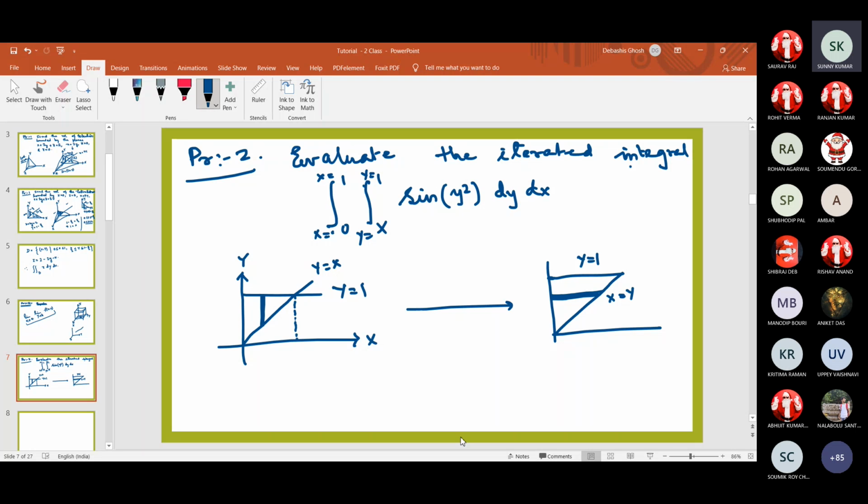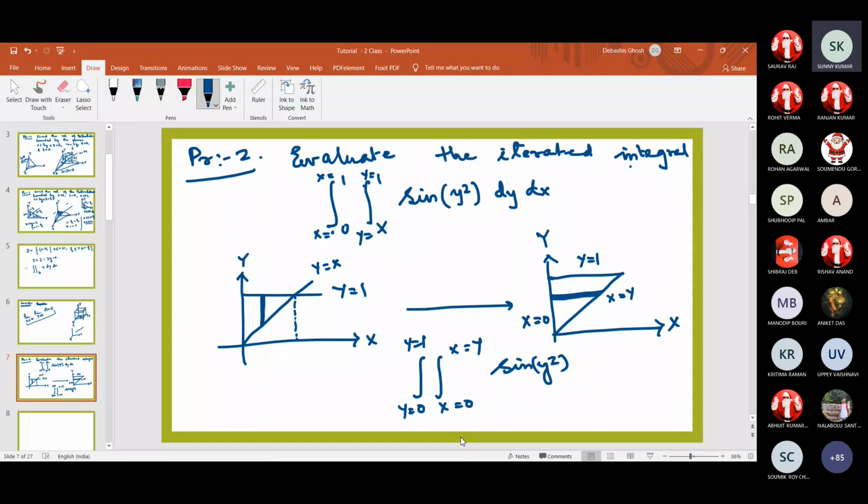Okay. So you have the y-axis and you have the x-axis. That's the equation for your x equals 0, and this is x equals y. So we can now change the order of integration. That is x equals 0 to x equals y, and then we can make this from y equals 0 to y equals 1, with the same integrand, sine y square.